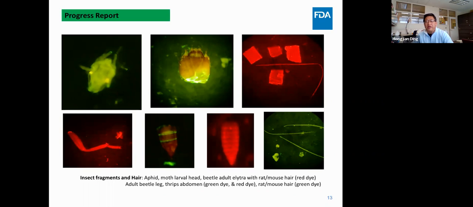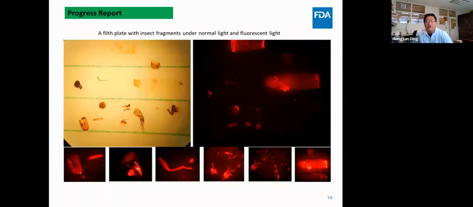You can see the red hair, that's red rodent and mouse hair. So we can make it green or red, and if we use the green dye, you can see the hair becomes green. That means we can add one more filth element in there.